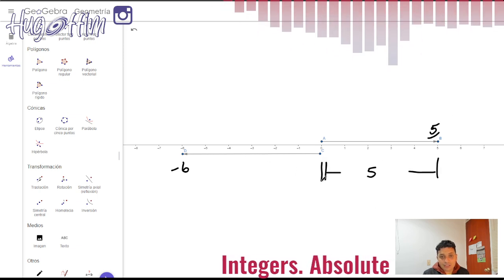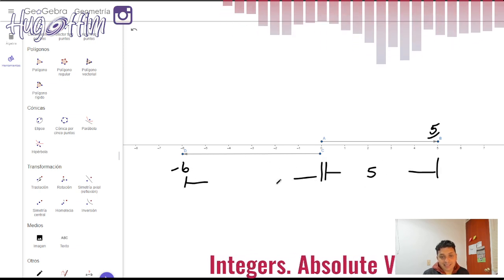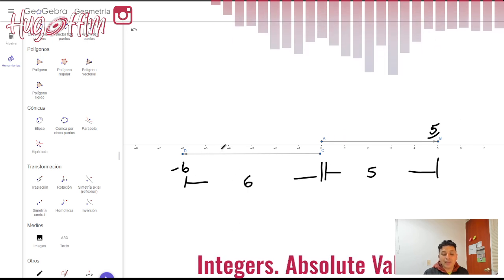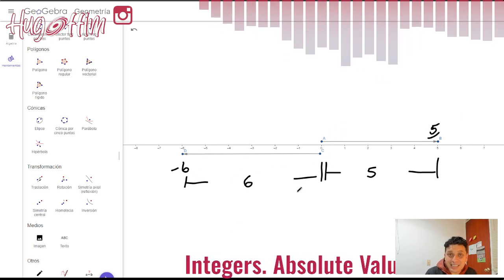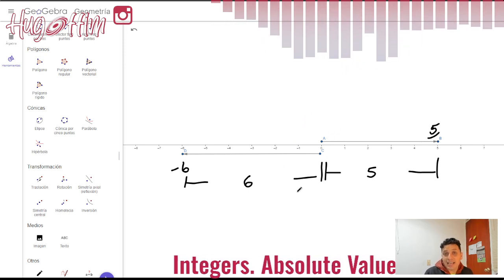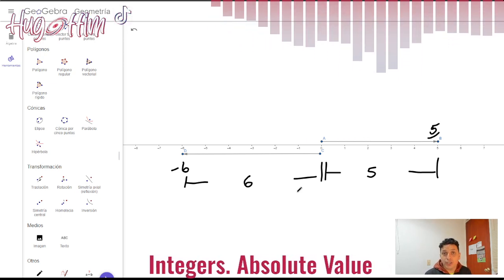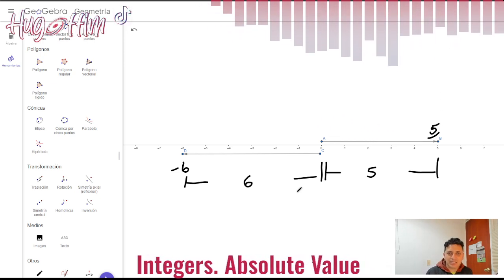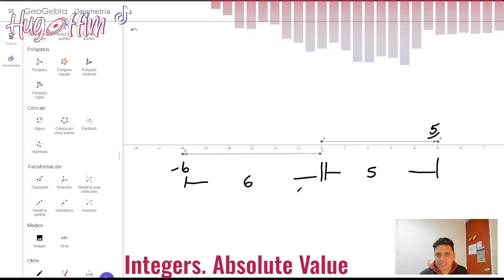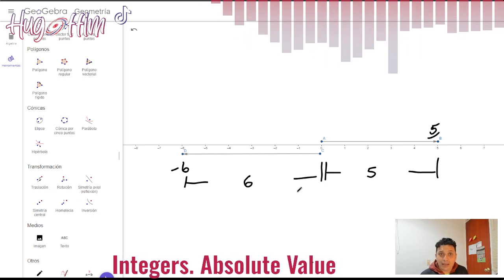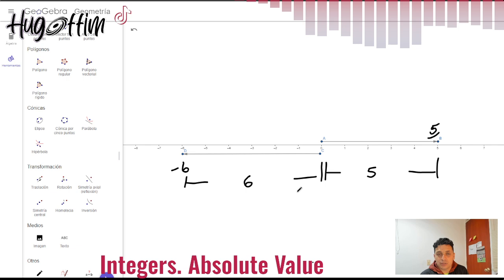And the length of this arrow is going to be 6. So the length of the arrow is going to tell me the distance that my number has from 0 to its position. So what we're doing here is imagining that any integer could be represented as an arrow whose length depends on the number given in the arrow.